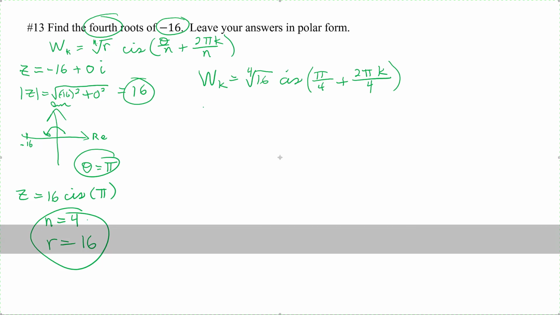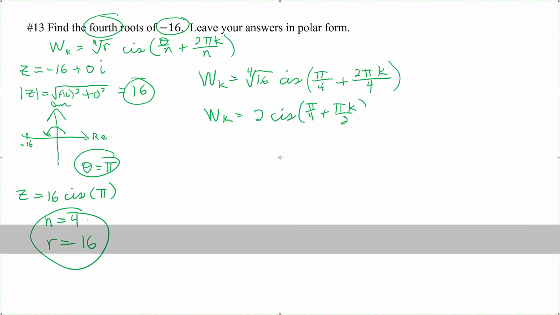So we can simplify this formula a bit. w sub k is going to equal, the fourth root of 16 is 2, so we have 2 cis pi fourths plus pi k over 2.